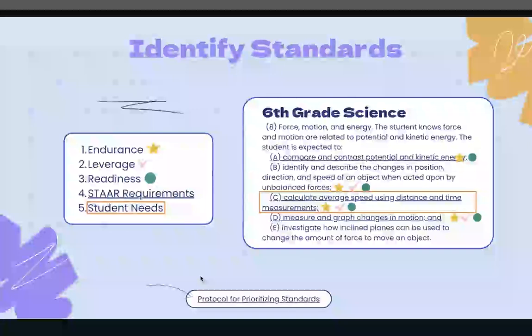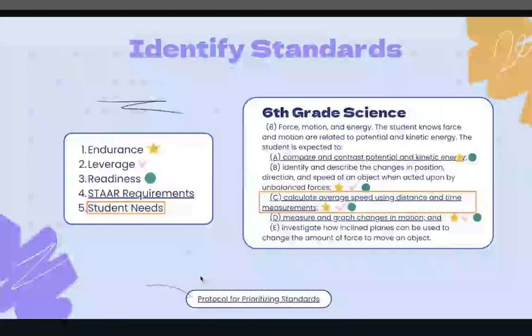Then we want to think about readiness. So if I'm looking vertically, right, which one of these standards is going to be key for students to be ready for the next grade level, or potentially, a couple of grade levels from now? I know not every course sequence is completely linear.